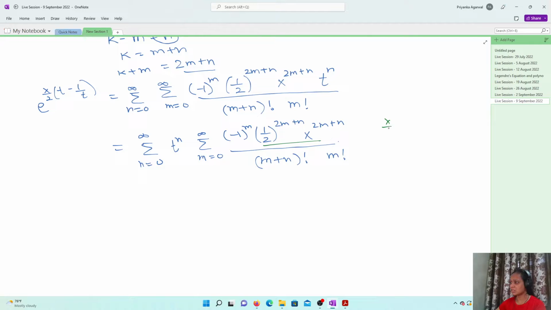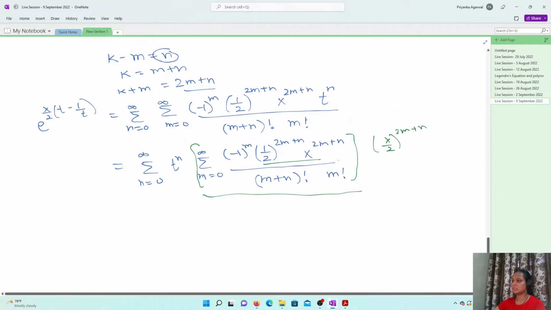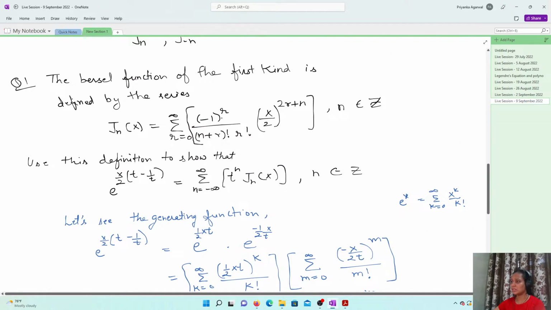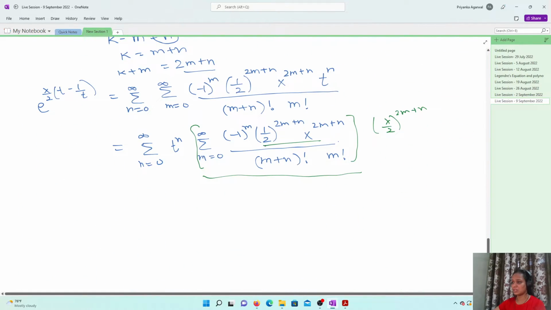Now look carefully. This can be written as (x/2) to the power 2n plus n. Now look carefully at this particular term. What is it? Let's see the definition: (-1)^r over (n+r) factorial r factorial, (x/2)^(2r+n). So this is basically Jn, right?